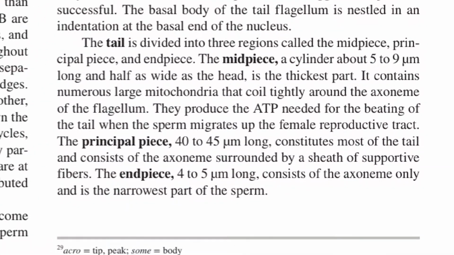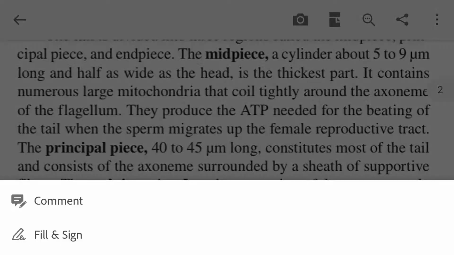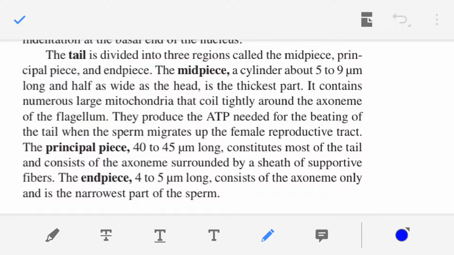Now, the tail of the spermatozoa. The tail of the sperm is divided into three regions, and these three regions are known as the mid piece, principal piece, and end piece.